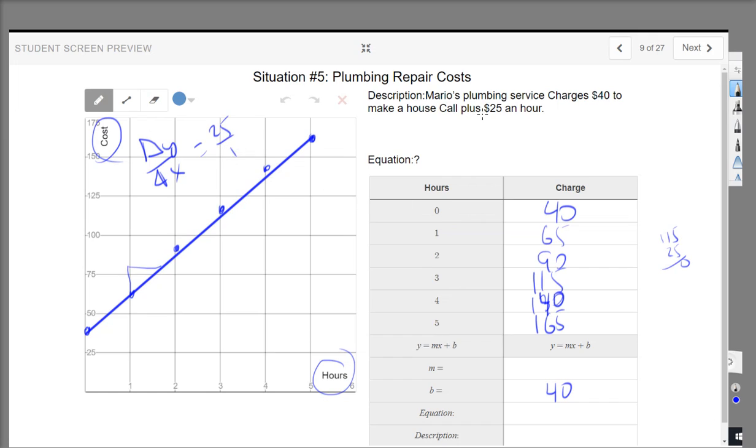So it's charging you $25 per hour, 25 over 1 hour, so the slope is 25. Then we just put the slope and the y-intercept in this equation. So this is going to be 25x plus your initial value that he's going to charge, which is 40. So that's the equation for number 9.